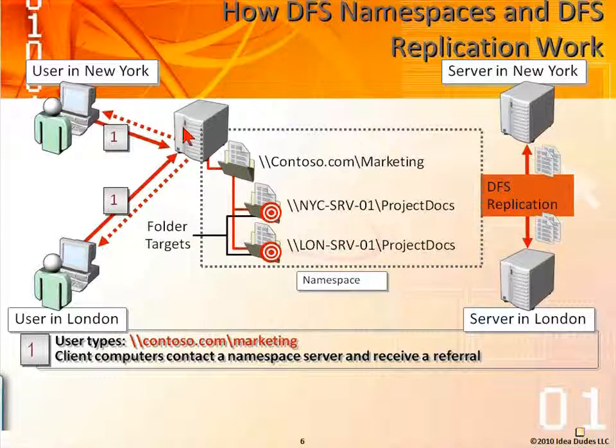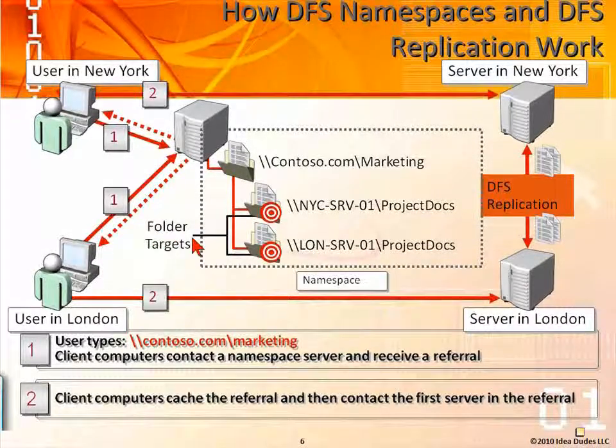So we connect to the actual DFS namespace, but the client is going to connect to its local server. New York goes to New York and London goes to London. So what happens if New York is not available? Then it'll be referred to London until New York comes back up, because it has the same content through the replication.